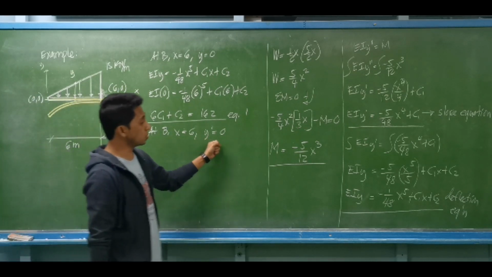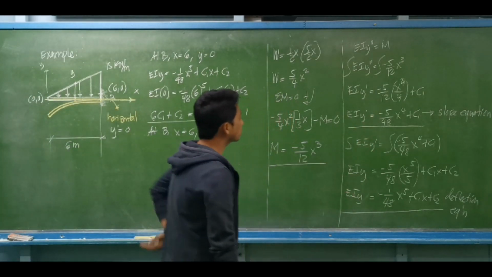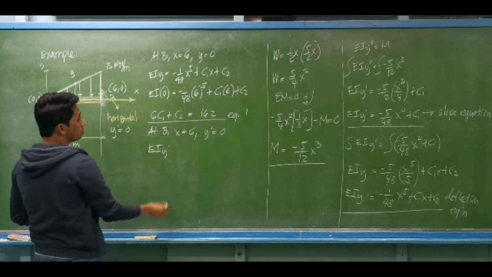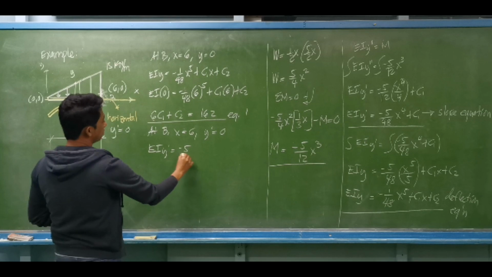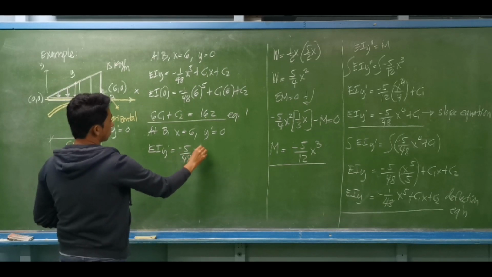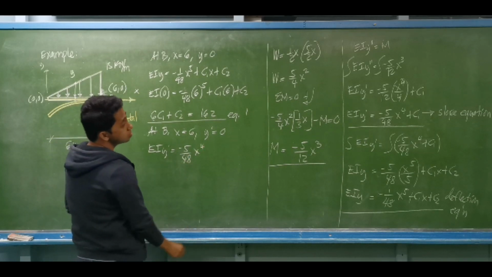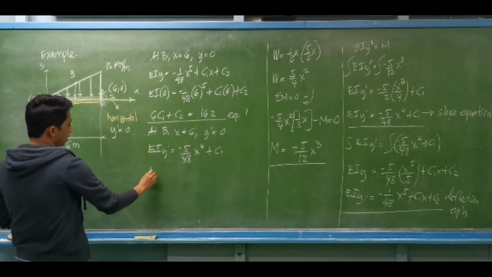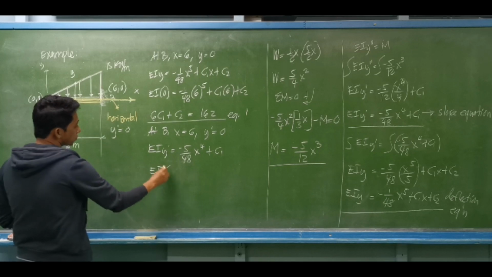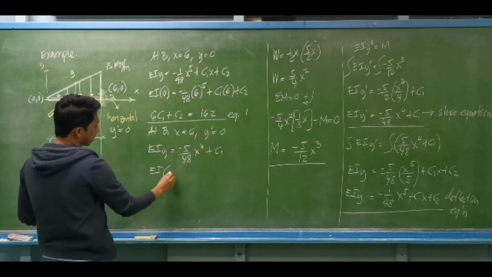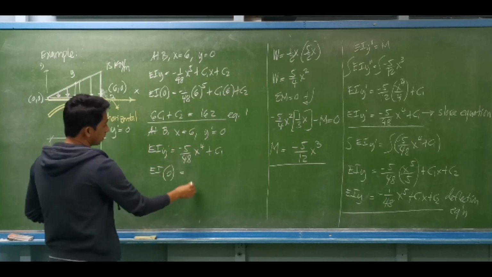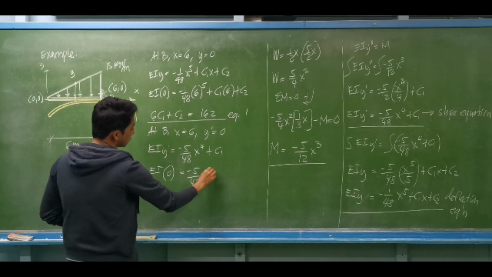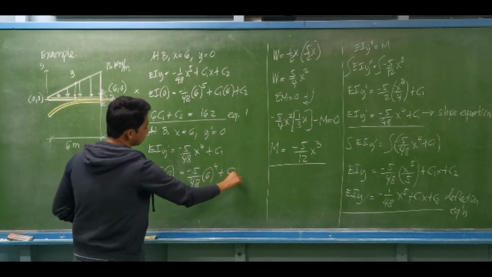Okay? So balikan natin yung slope equation. Ito yan. And for the slope equation, this is EI y prime is equal to negative 5 over 48 of x raised to 4 plus the c sub 1. So we have EI y prime, that's the value of y prime at x equal to 6, that is 0, equal to negative 5 over 48 times 6 raised to 4 plus c sub 1.